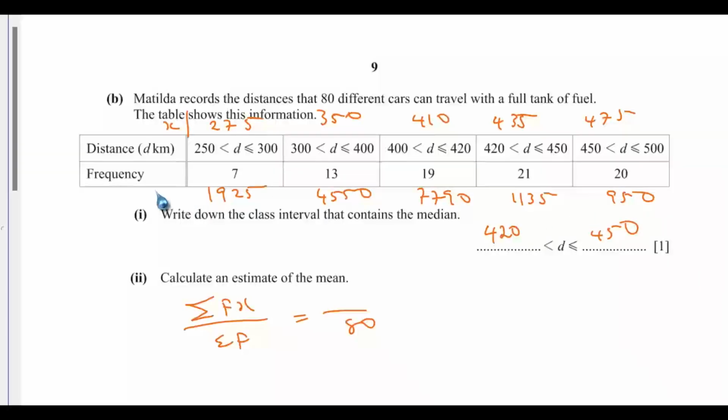The addition of all these numbers will give you the summation of your fx. If you add 1925 to this, and so on, finally that will give you 411.25. There's no need to round this, this is the exact number.